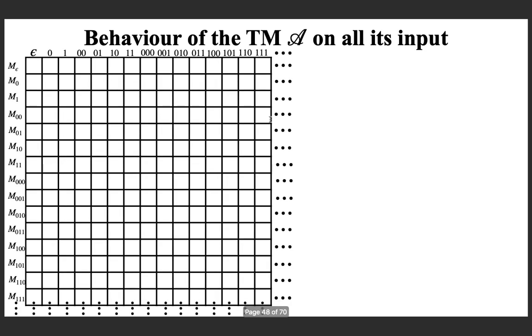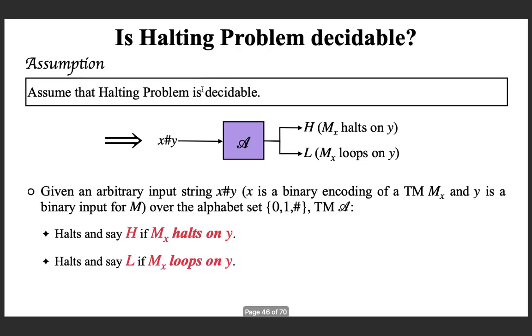Now look at the behavior of the assumed Turing machine A on all its inputs. What is the input to the Turing machine A? It is the set of all Turing machine encodings and the set of all binary strings.